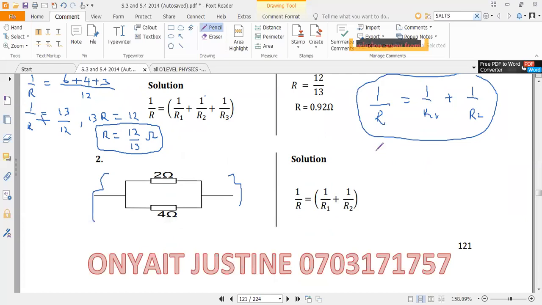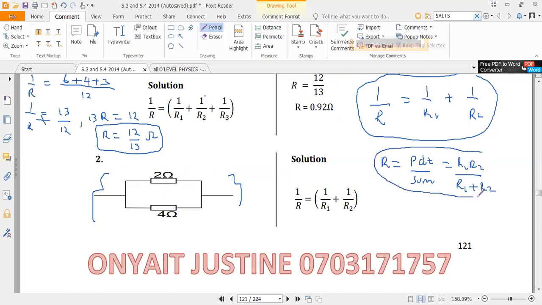For it, it gives the answer directly: effective resistance is product over sum, R1 R2 divided by R1 plus R2. This formula works for only two resistors in parallel. If there are more than two, you go ahead and use the other formula.